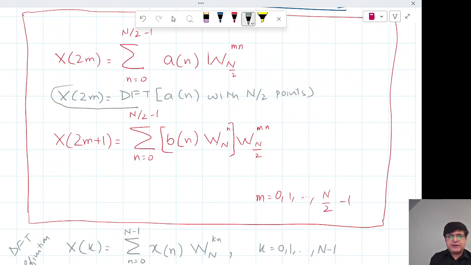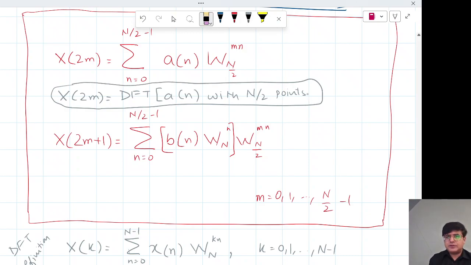Can I deduce this result from here? So x of 2m is just the DFT of the sequence a of n with just N over 2 points. So it's the DFT of half the points. Does that make sense? Clear?